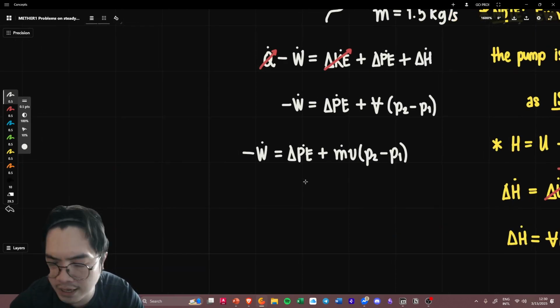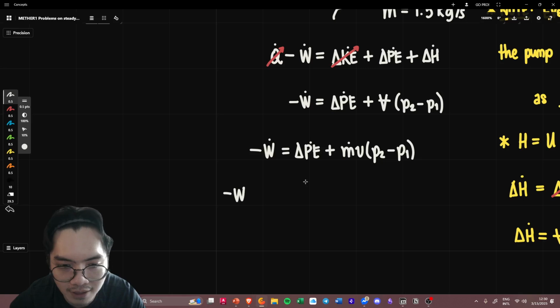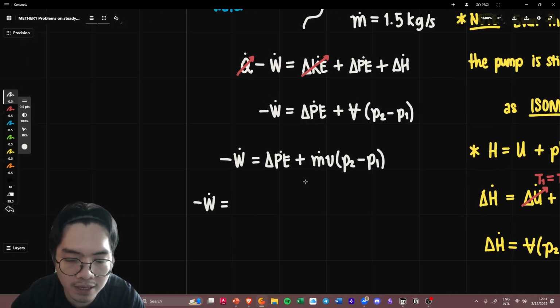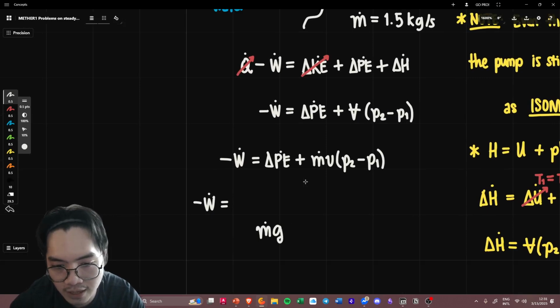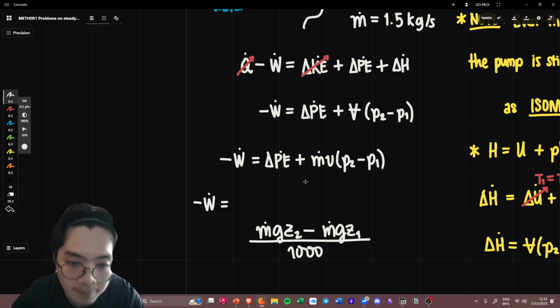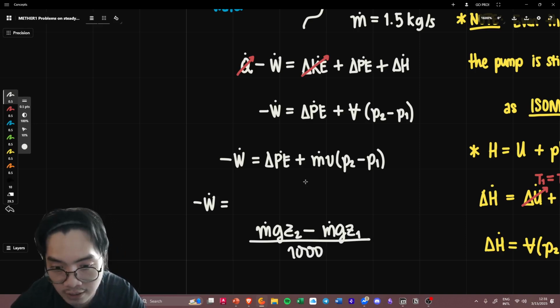Right now, I feel like it would be best if I put in all of the units. So this would be, if you saw earlier, mgz2 minus mgz1 all over 1000. Both terms here have m dot times g and the over 1000.